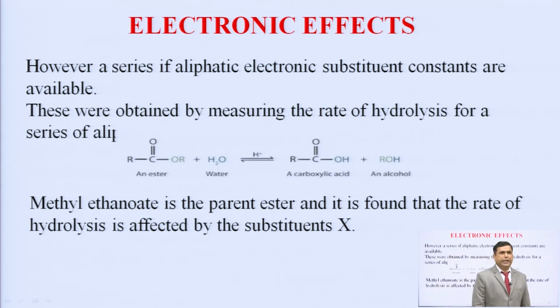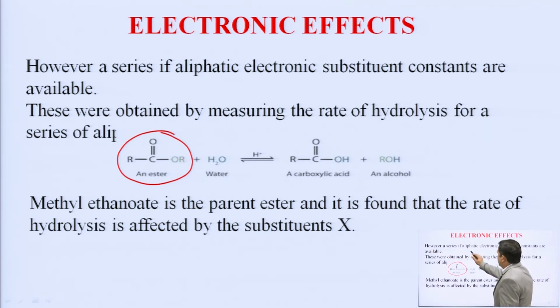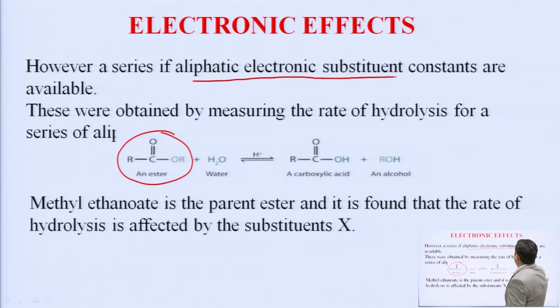Now, the electronic effects of the compounds we are observing with the help of an example. Here I am taking one example, that is ester. A series of aliphatic electronic substituent constants are available, so that we can change this value and it will produce various types of compounds with different characteristics.